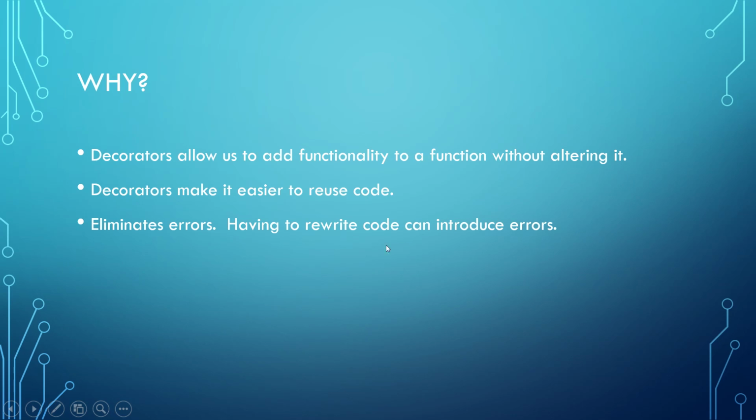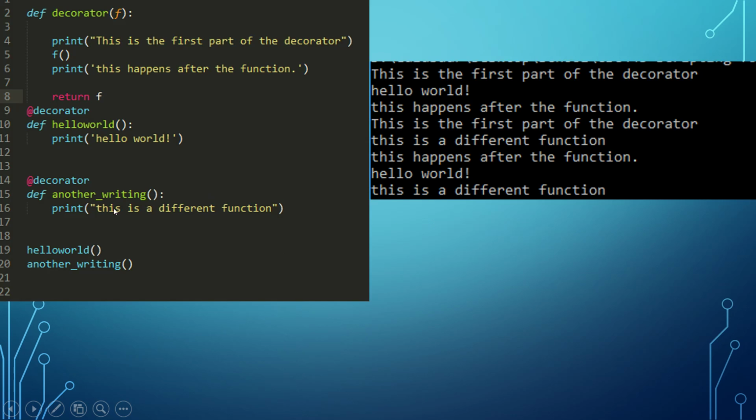And decorators make it easier to reuse code. You can see I used the decorator here and also here. I should have come up with a different name for that.